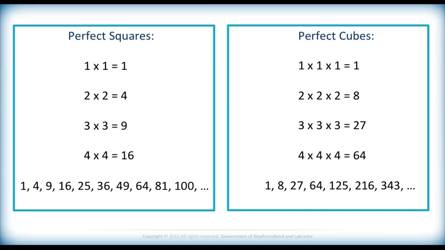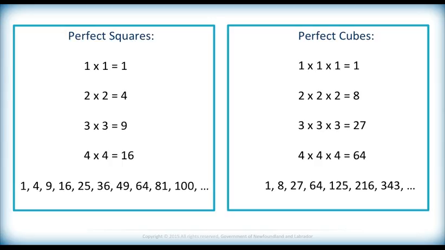But first, we need to have a good review of our perfect squares and our perfect cubes. Perfect squares will be required to simplify an entire radical that involves a square root. The perfect cubes will be used to simplify a radical with a cube root.